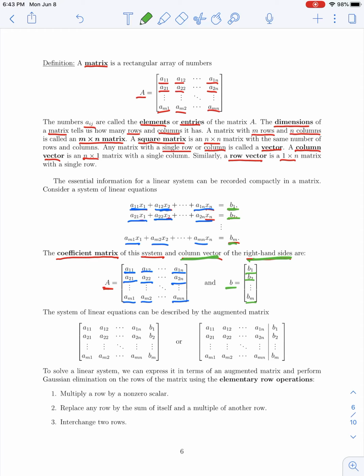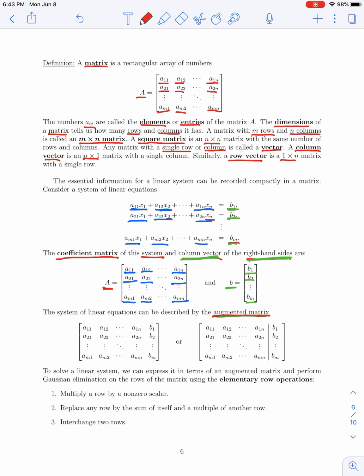So our linear system that we're considering here can be described by using what is called an augmented matrix. So what is an augmented matrix? Well, it is a way to combine multiple matrices into a single matrix. There's a couple of ways that we could write this augmented matrix. The first of which would be in the following way.